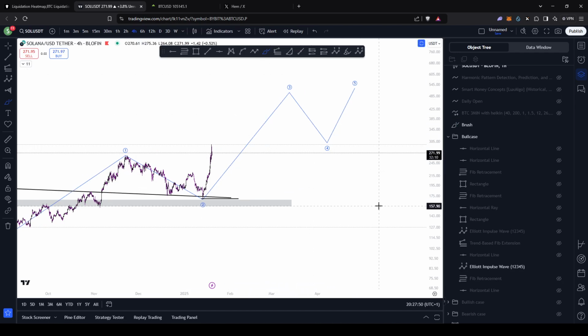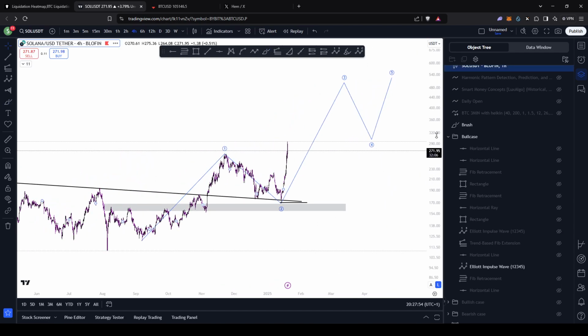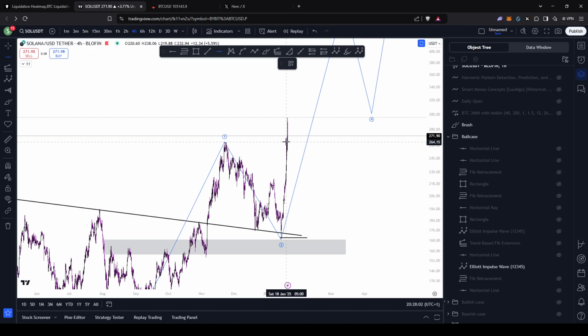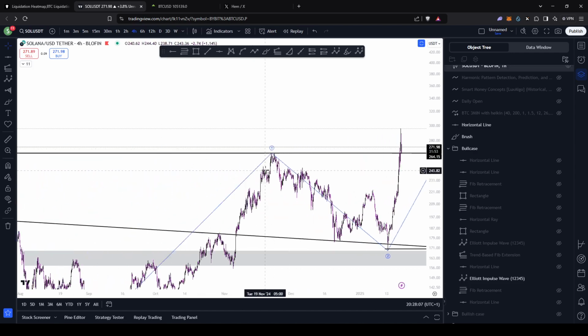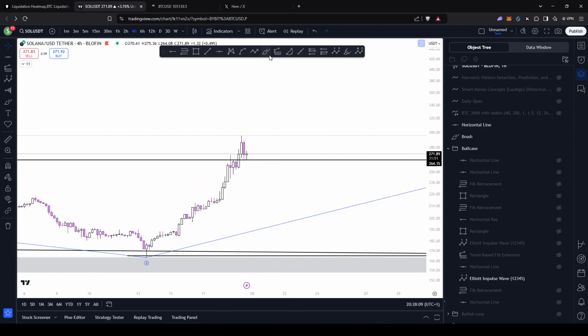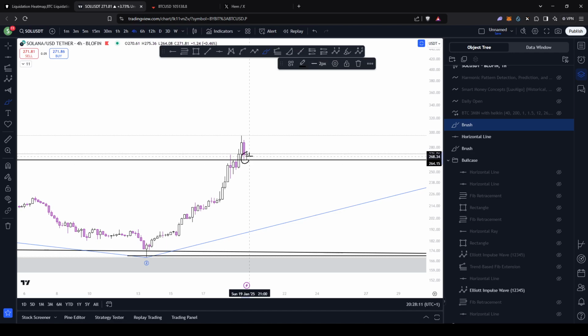The lower time frame structure is very complex on Solana, so it's a very difficult count. But we can just use fibs at previous highs, levels, and we can see that we did break above previous all-time highs. We even came back, retested it, and you're right now hovering around that previous high.